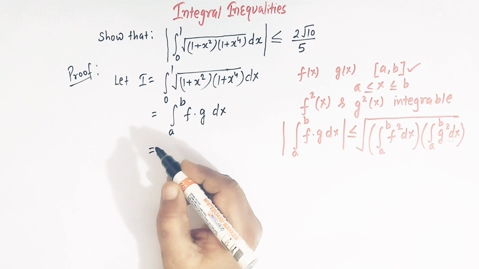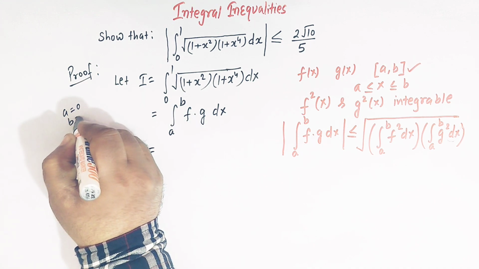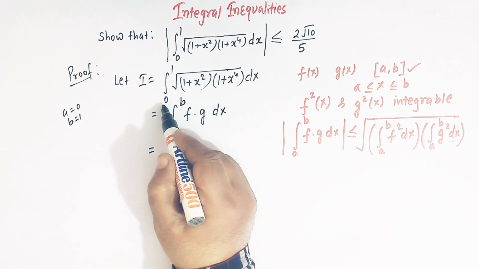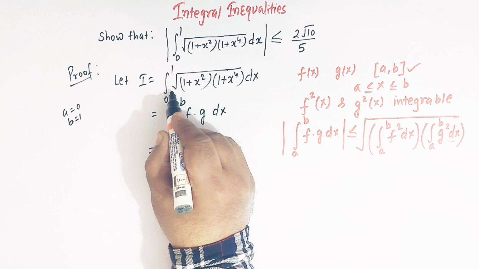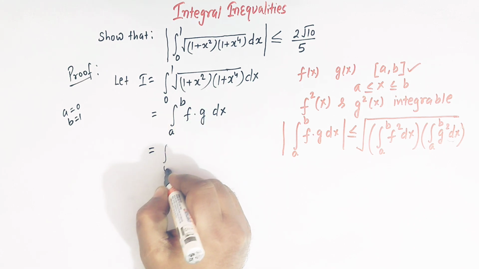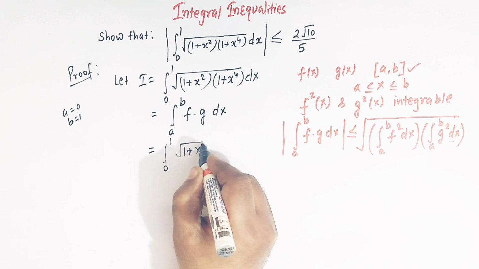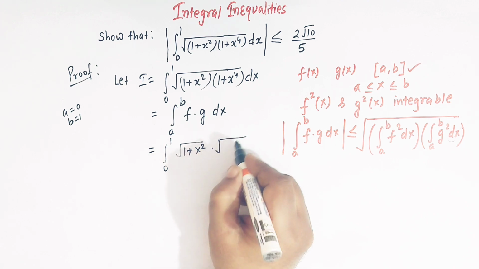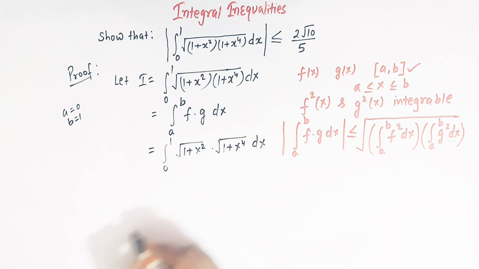Here a is 0 and b is 1, so lower limit is 0, upper limit is 1.